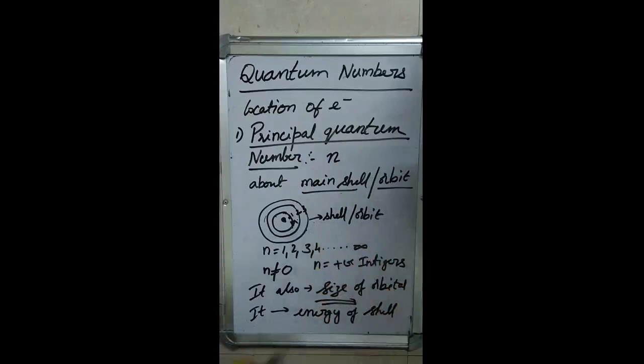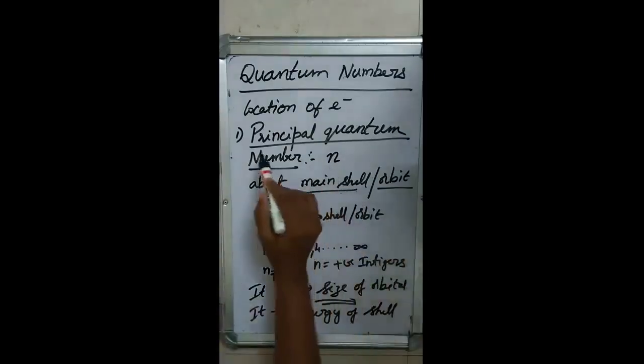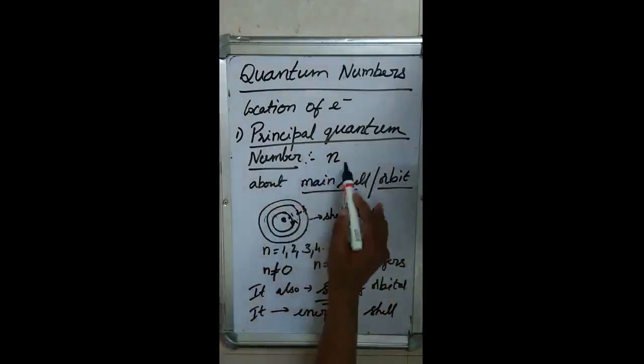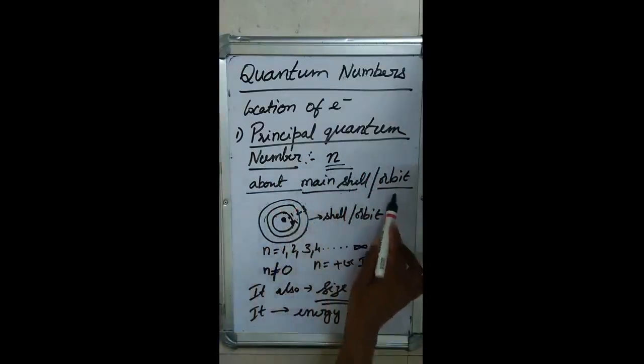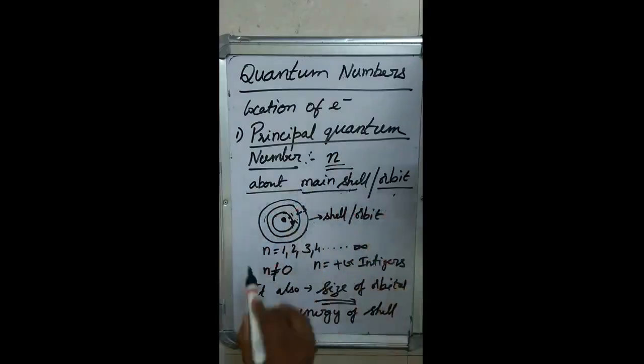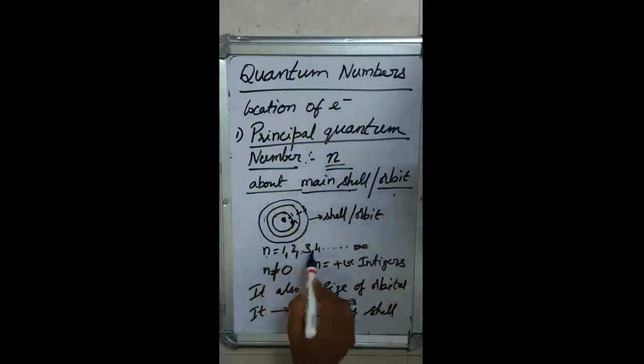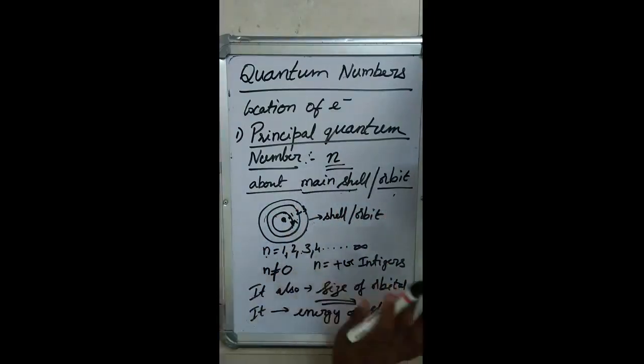Okay, so I will repeat it again. Principal quantum number is represented as n. It gives the information about the main shell or orbit to which the electron belongs. That is, n value becomes 1, 2, 3, 4, up to infinity. n can never be 0, it is only positive integers.